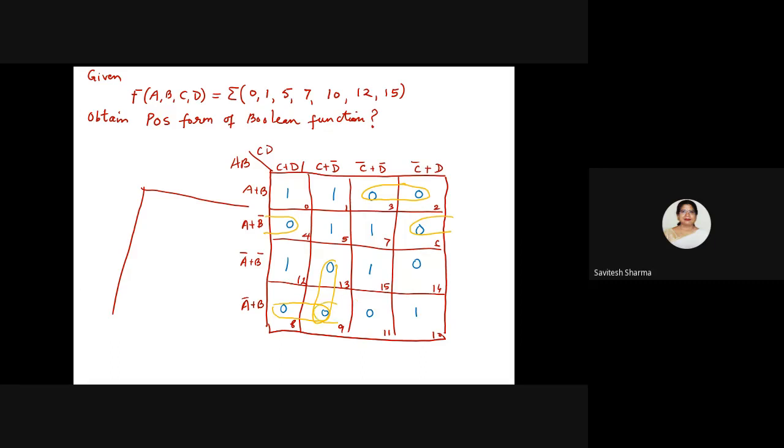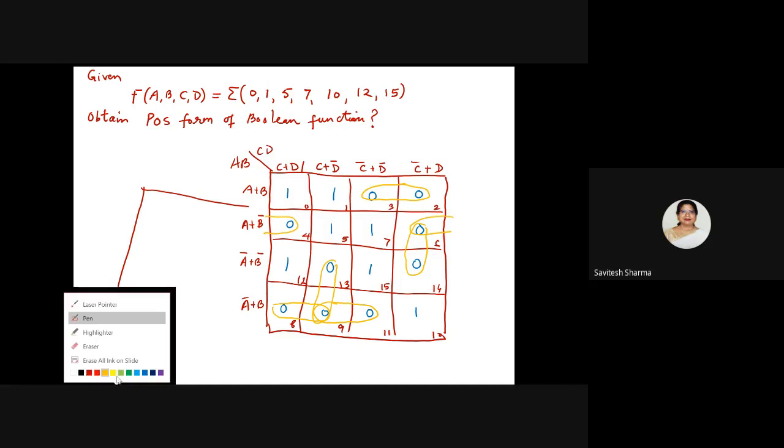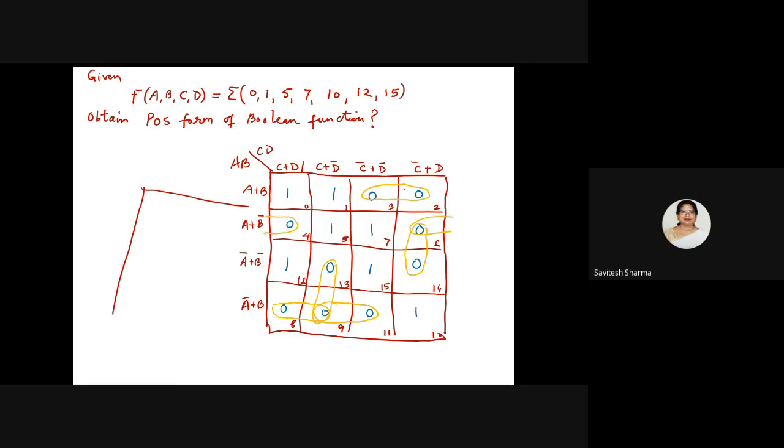You see, no quad is forming. So I am grouping as pairs. Okay. So this grouping is over. Why is this grouping over? Because all the zeros are finished. So next step is to write the expression. So I am writing the group numbers 1, 2, 3 so that you will understand.